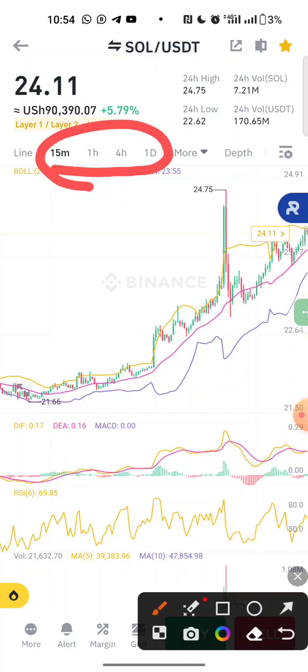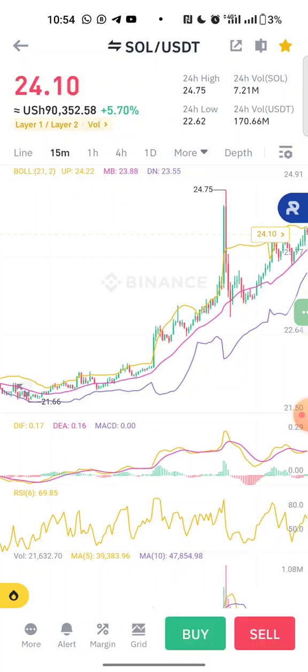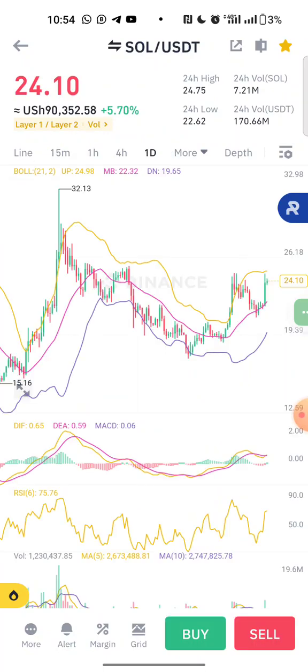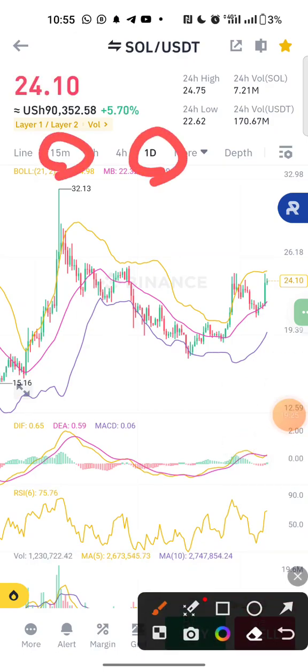All right, so basically, as a trader, you would start with a bigger time frame. Okay, you want to trade a coin that in a bigger time frame it is in an uptrend. Then you decide to make what we call an earlier entry in a lower time frame. Okay, you want to look at a coin.